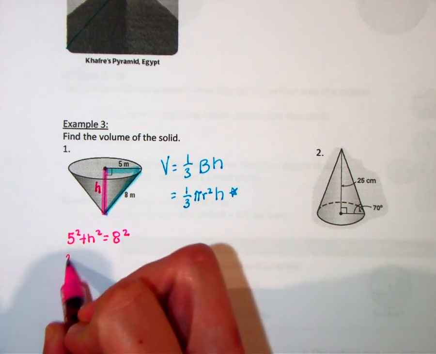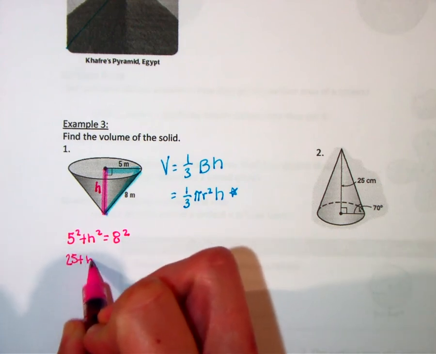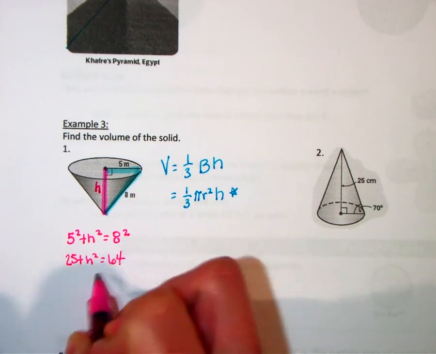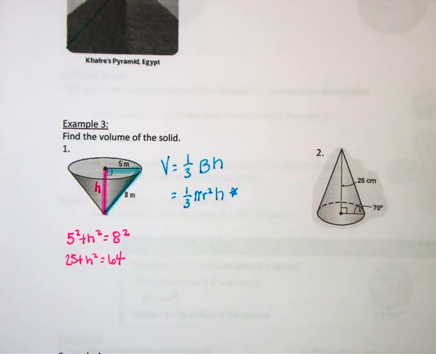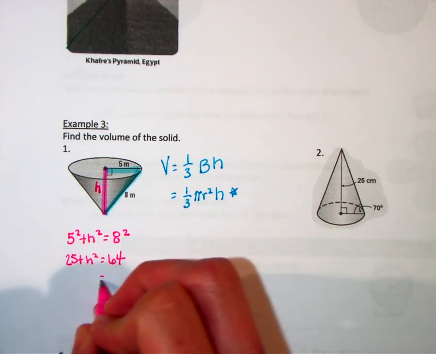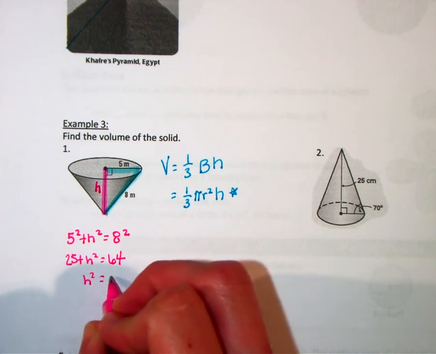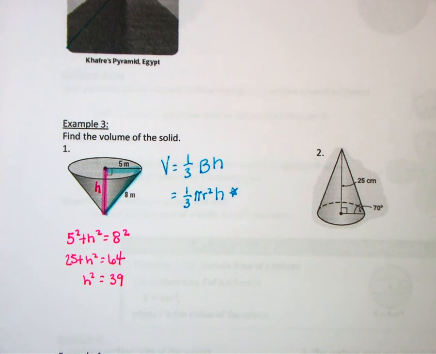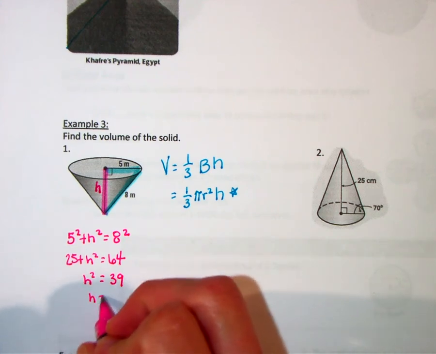Or we can work this out even more. So 25 plus h squared equals 64. And now we'll subtract 64 minus 25. So h squared is 39, and then I can square root that to get 6.24.